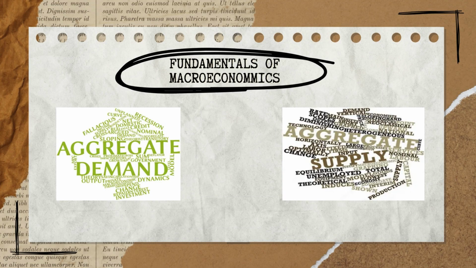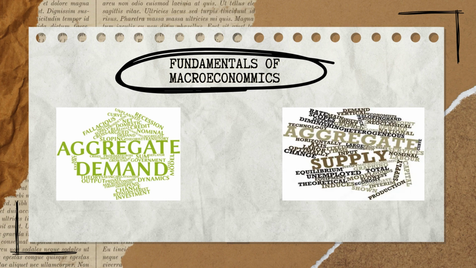Okay, so the fundamentals of macroeconomics revolve around these two terms. I'm pretty sure you should have heard your seniors or your alumni or your friends or your peers who are older than you speak of these two terms, which are aggregate demand and aggregate supply. In JC1, all you have learned is demand and supply in price mechanism. And you guys would have been wondering what aggregate demand is and what aggregate supply is.